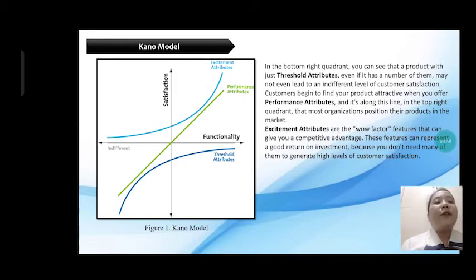Customers begin to find your product attractive when you offer performance attributes, and it's along this line in the top right quadrant that most organizations position their products in the market. Excitement attributes are the wow factor features that can give you a competitive advantage. These features can represent a good return on investment because you don't need many of them to generate high levels of customer satisfaction.